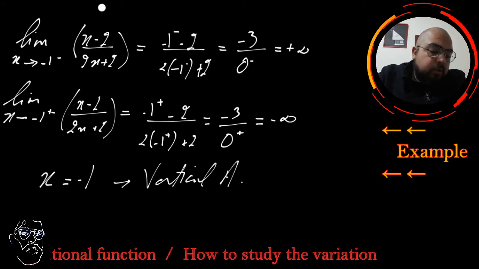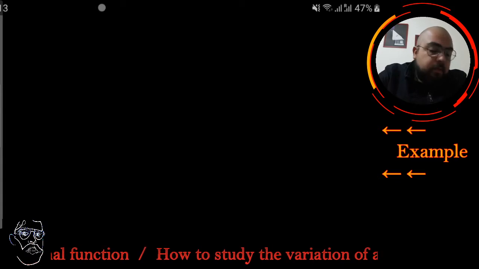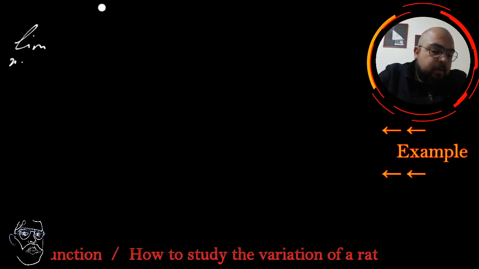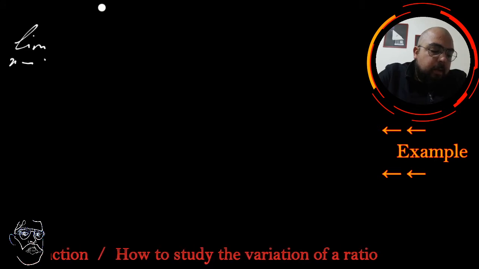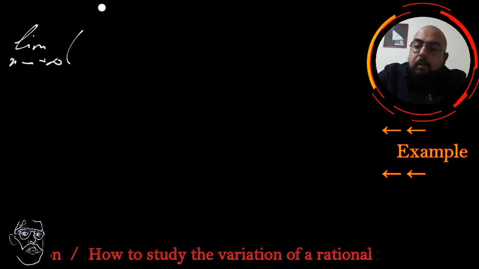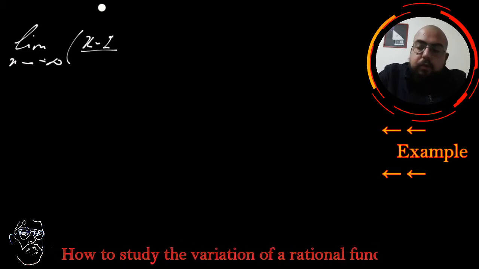Now what I'm going to do is to study again the limits for plus and minus infinity. Limit of x tending towards minus infinity of x minus 2 over 2x plus 2.